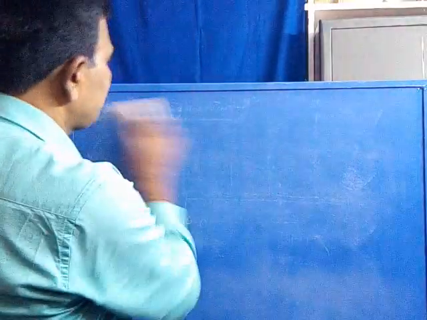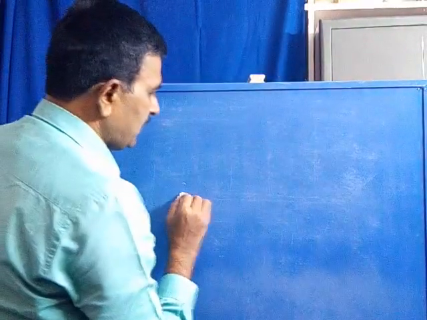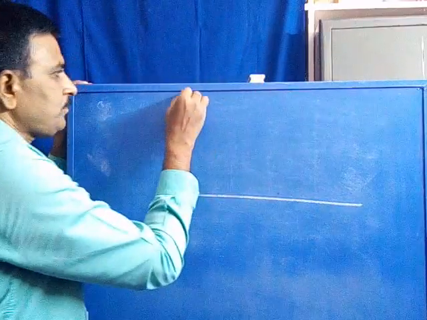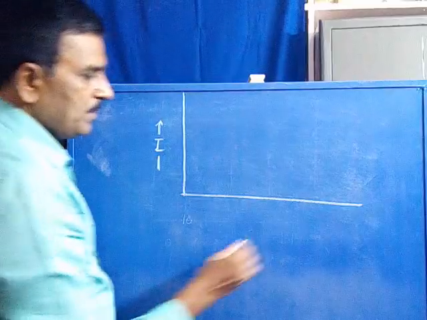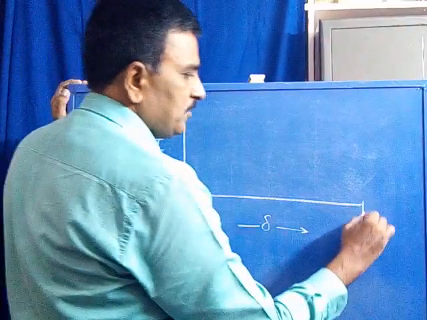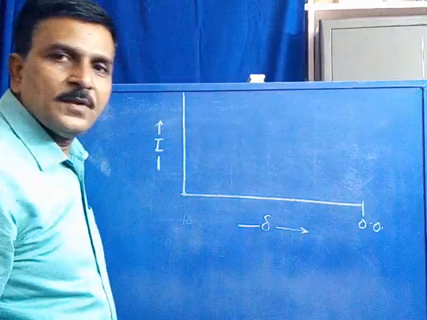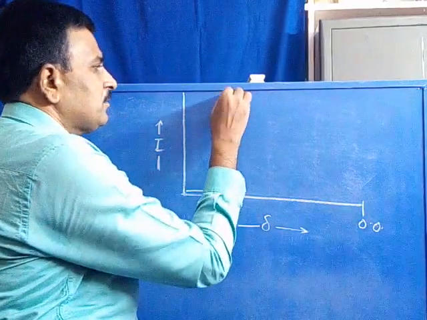For example, we have a spectrum like this. Intensity on the y-axis, absorption frequency on the x-axis, 0.0. Say a spectrum contains signals like this.